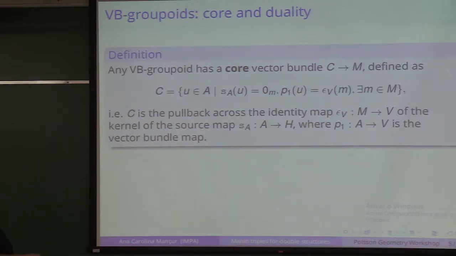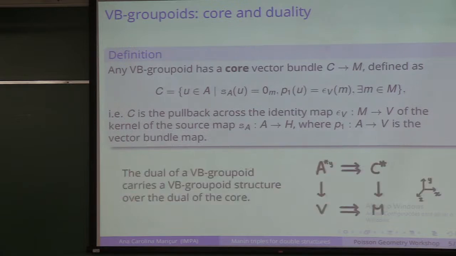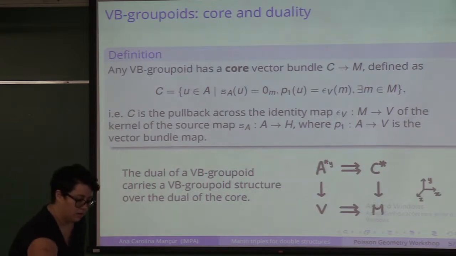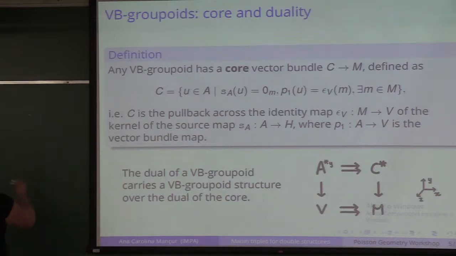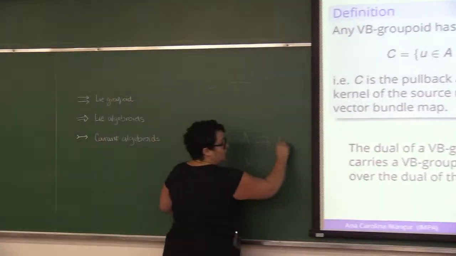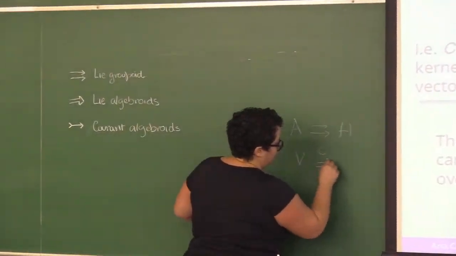So when we have a VB groupoid, we have another bundle called the core. It's over M. The core is basically the kernel of the source map restricted to the base, to the double base M. And when we have that, we can talk about duality. So if you have a VB groupoid like that, the core is this thing here.